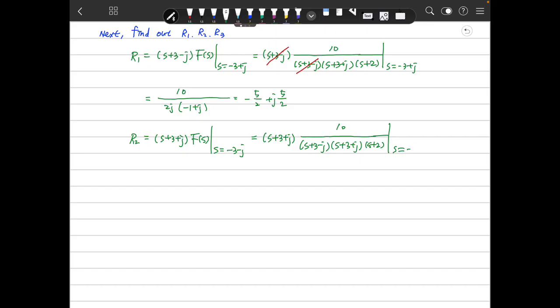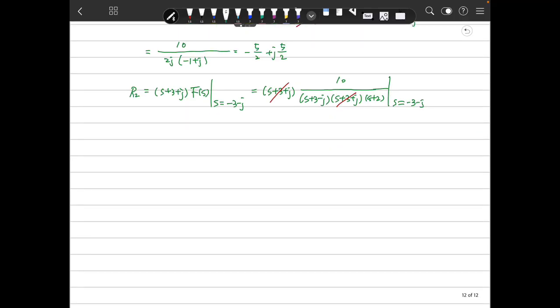At s equal to minus 3 minus j, it will also cancel here. Then the result will be minus 2j and minus 1 minus j and 10. So there will be minus 5 over 2 minus j 5 over 2.